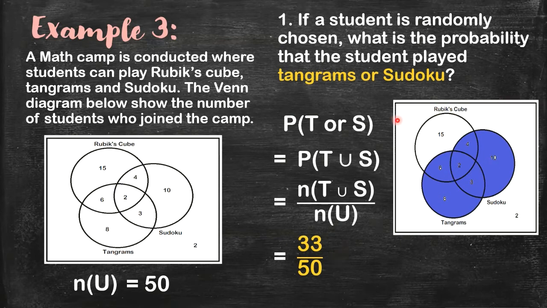Ganito. Diba, itong buong to, 50. Now, from 50, tanggalin nyo lang yung 15 and 2. Okay? So, bale 50 minus 17. You will get 33 as well. So, this is the probability that a randomly chosen student played tangrams or Sudoku.